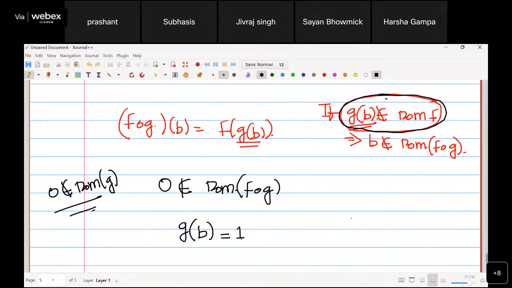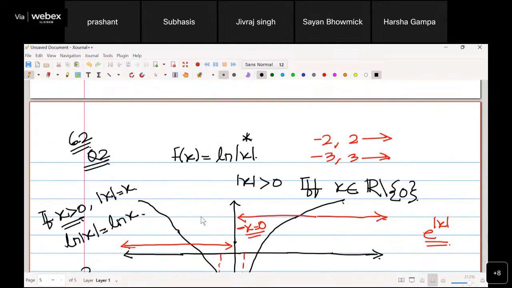Because if g of b is 1, that means g of b is not in the domain of f, so b can't be in the domain of f compose g.